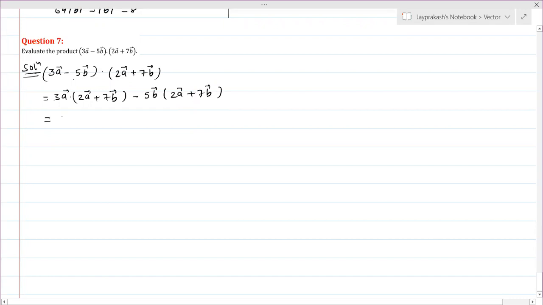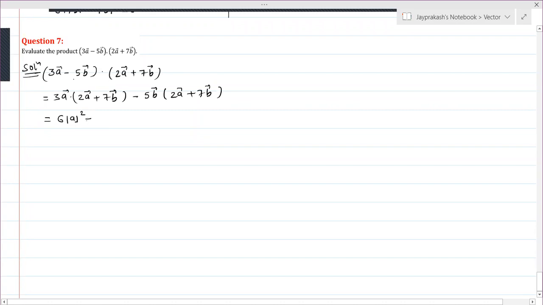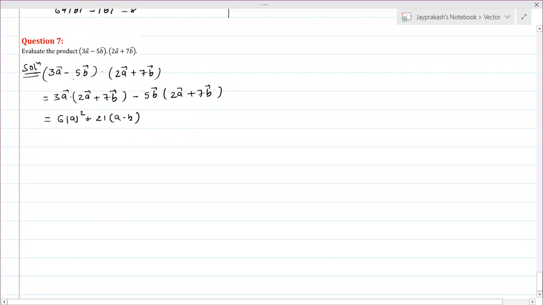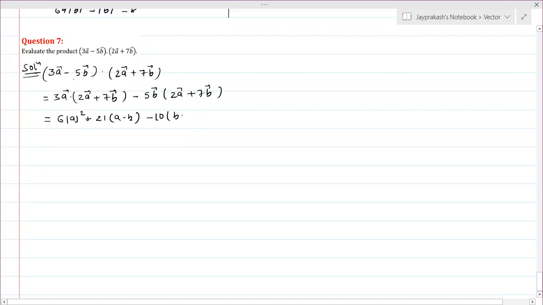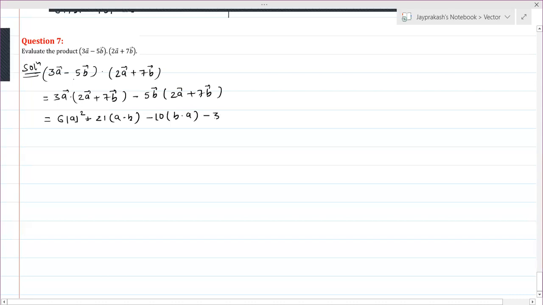So 3 twos are 6, then vector A dot vector A will be magnitude of vector A square, plus 3 sevens are 21 vector A dot B, minus 5 twos are 10 B dot A, and the last one is minus 35 magnitude of B square.